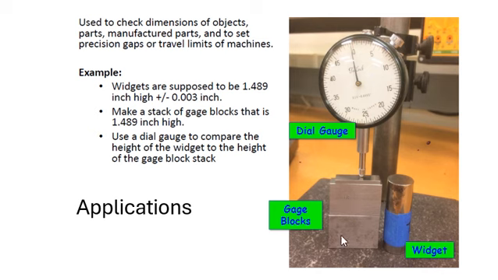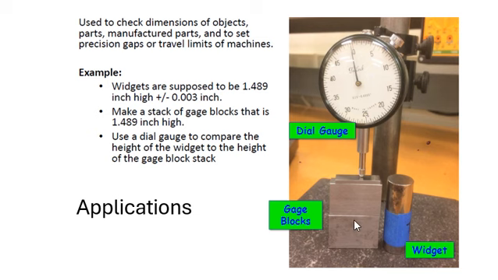So we know the length, and we've got to check that your widget is 1.489 from the manufacturer specification. We know that a gauge block stack of these two blocks is going to give you 1.489. We get that measurement from the two blocks that come with the box.